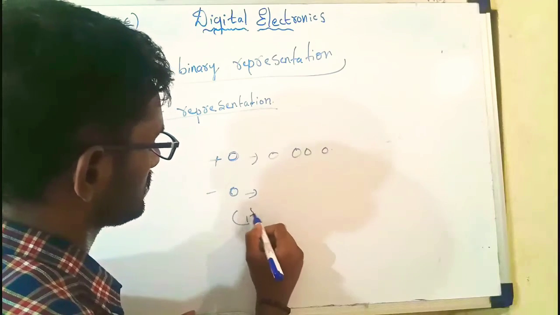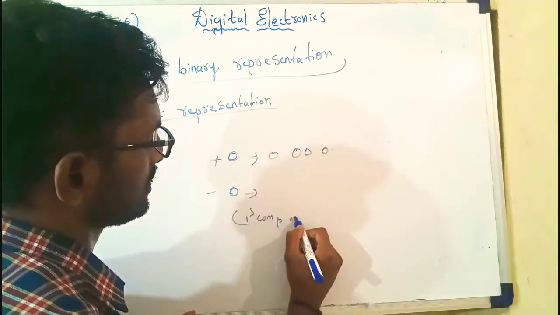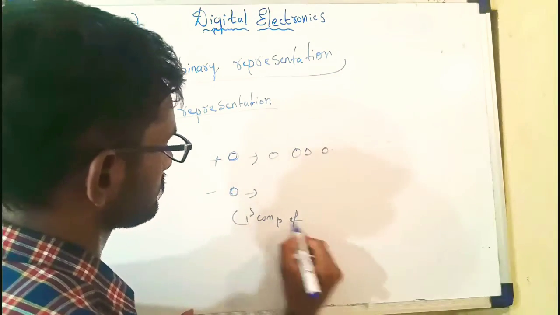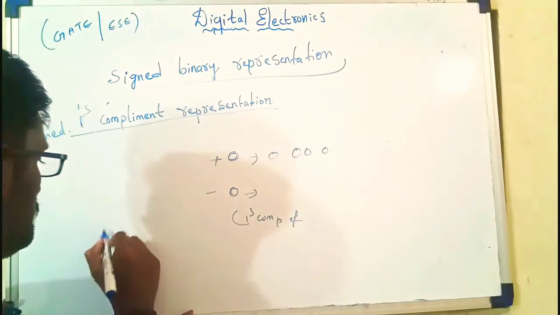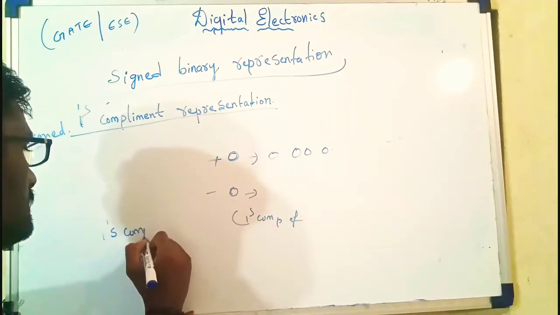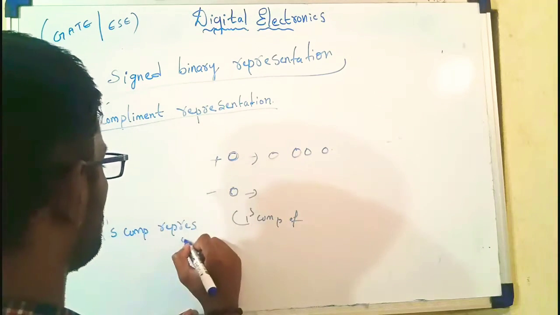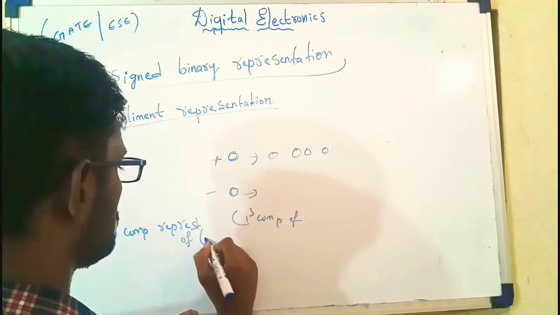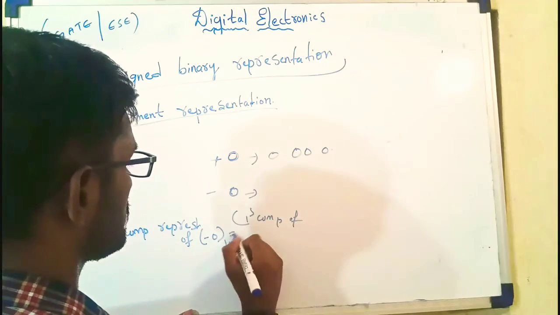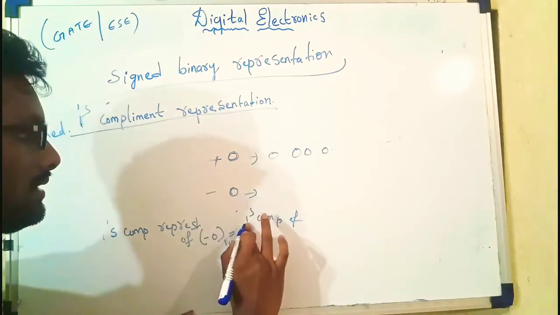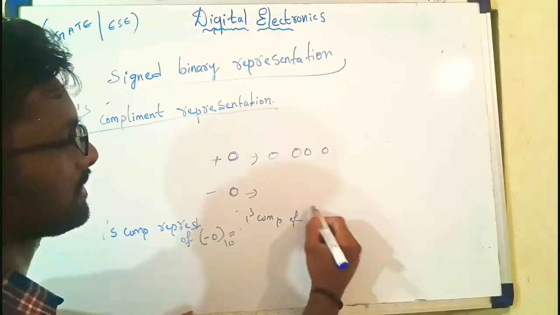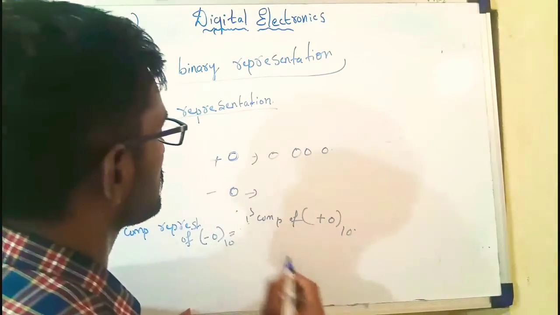Minus 0 is the 1's complement representation of minus 0 to the base 10, equal to the 1's complement of plus 0 to the base 10.